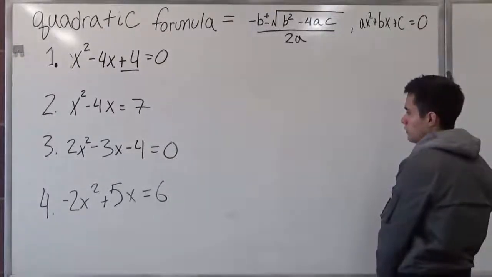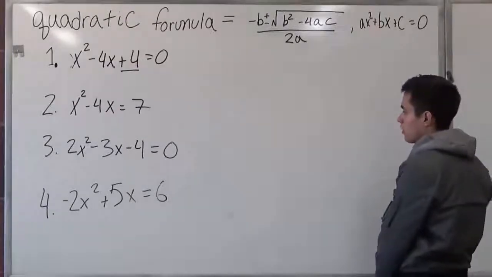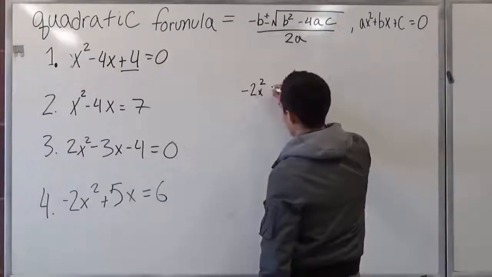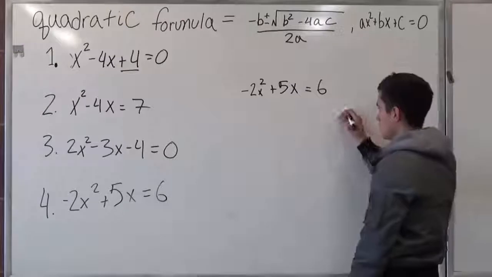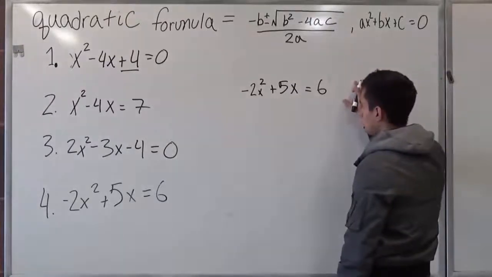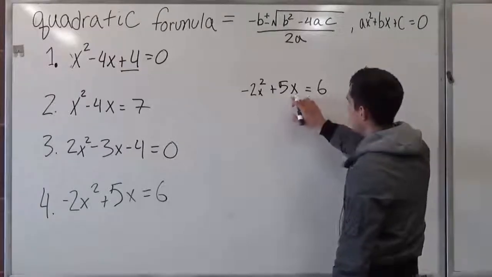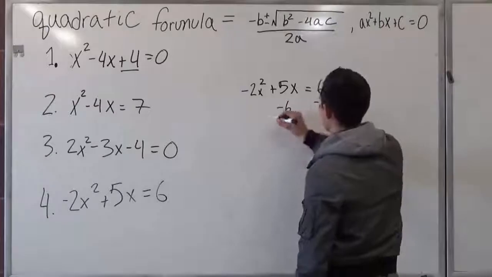So let's use the similar technique we used in number 2 and apply it to number 4. So negative 2x squared plus 5x is equal to 6. In order to get 0, we have to subtract 6 from this side and move it over to that side. So minus 6, minus 6.